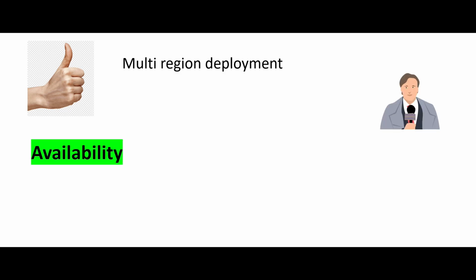Now, a lot of times people talk about availability in the certification questions. This is very common. They will tell you a scenario and say that the service should be highly available. From this respect, what is a multi-region deployment?